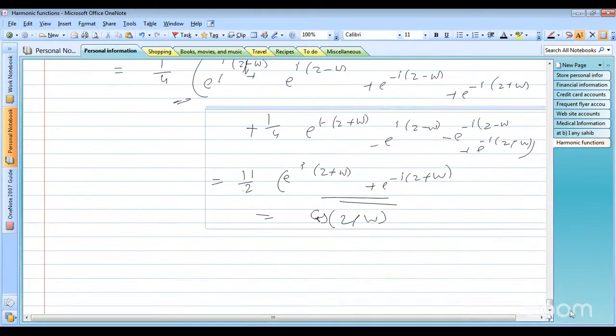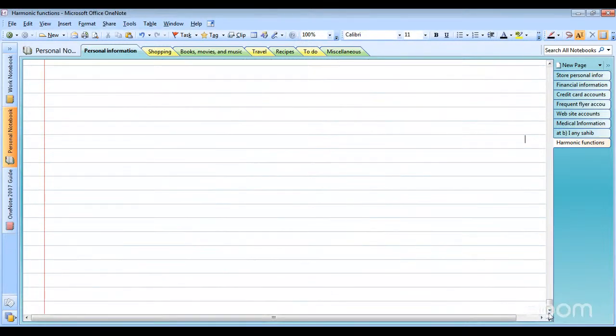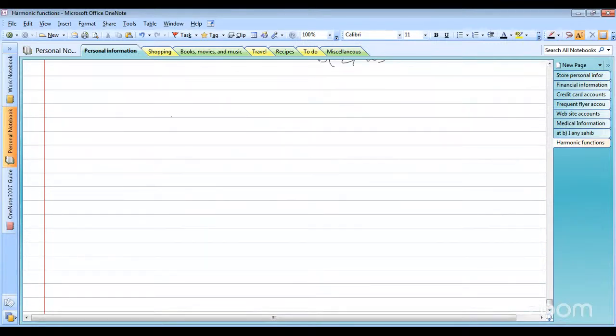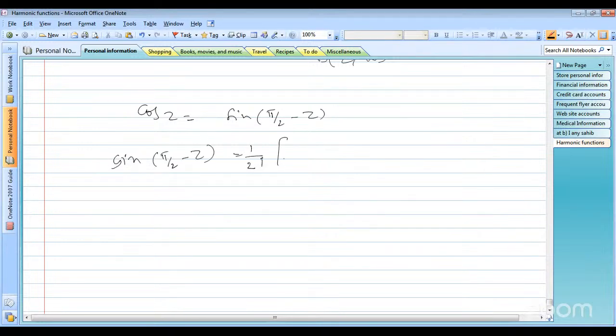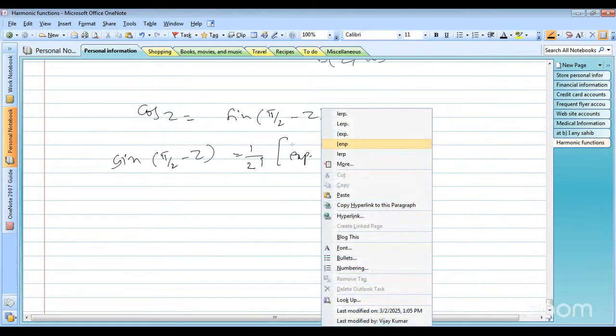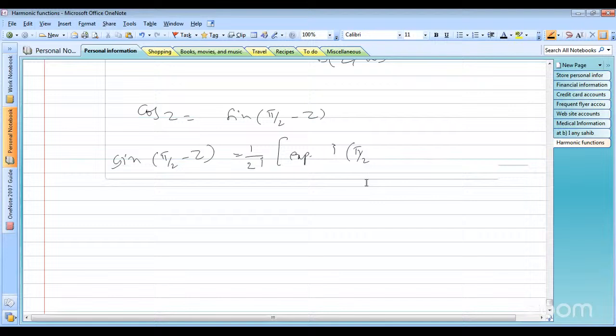Then cos z is equal to sin of pi by 2 minus z. Taking sin of pi by 2 minus z, it is 1 by 2i times (exponential of i(pi by 2 minus z) minus exponential of minus i(pi by 2 minus z)).